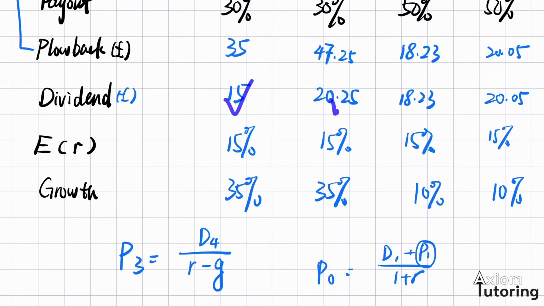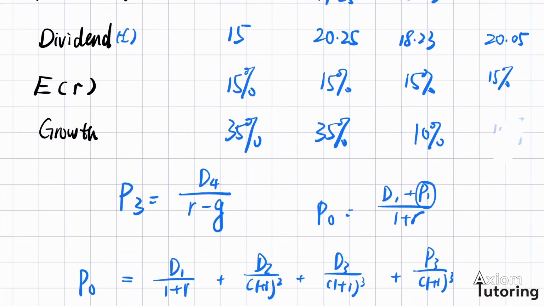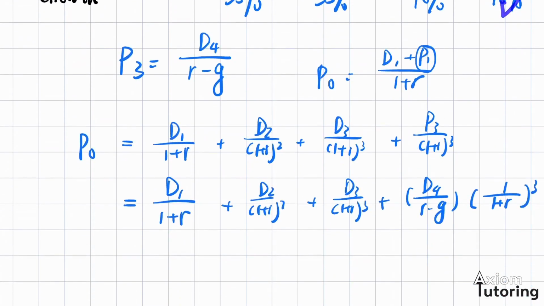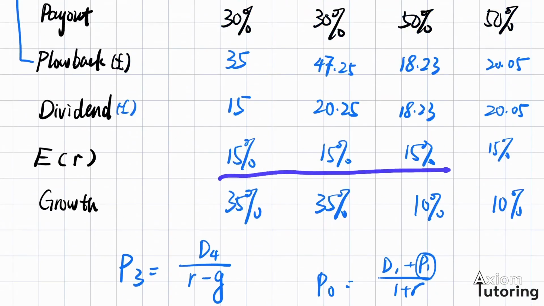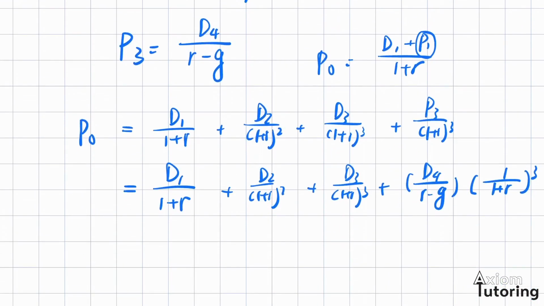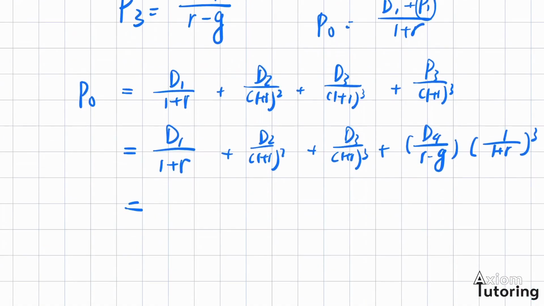D1 is here, D2 is here, D3 is here, D4 here, and we have the growth as well. The growth here is 10%, and the required return, or R here, is 15%, which has been kept constant, right? So we just need to plug in the numbers and we should have a price that is around 303.97. You might get a very close number, which is like 304, depending on how you round the numbers here.